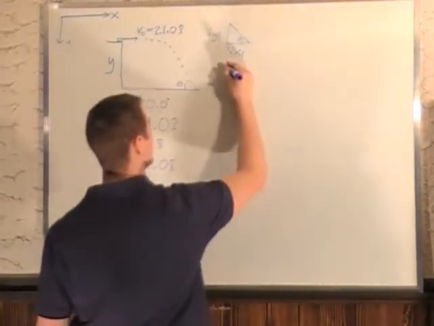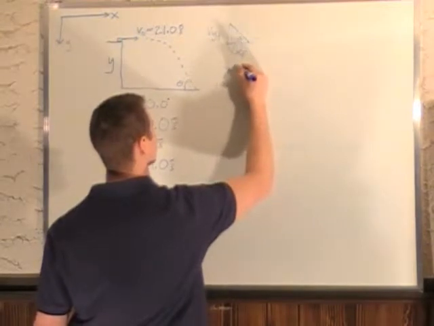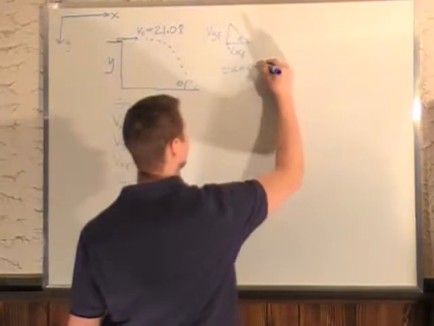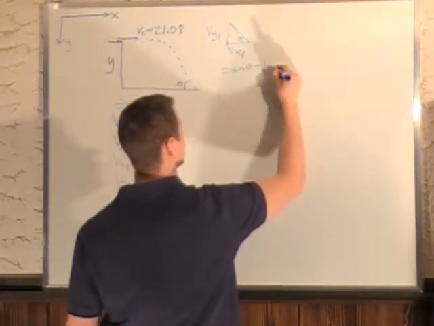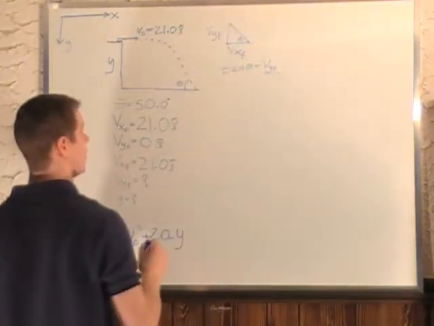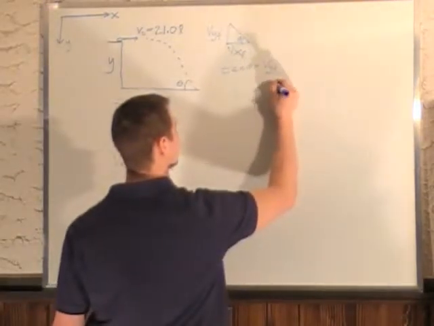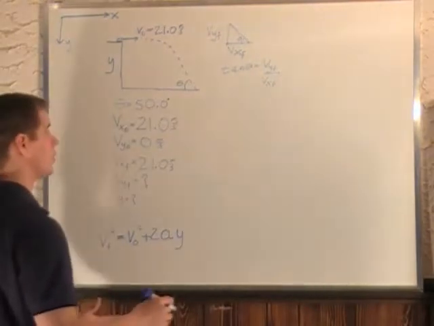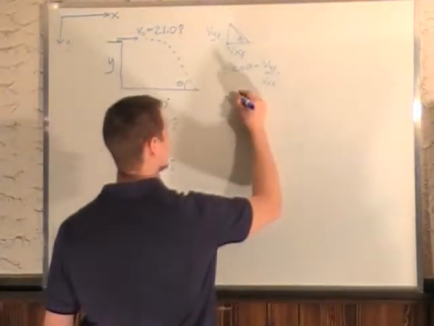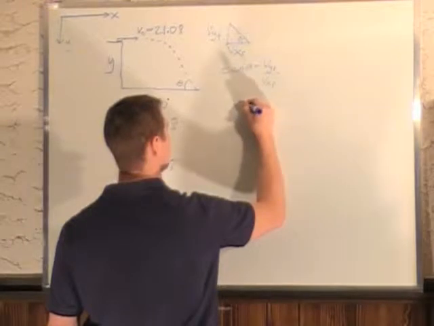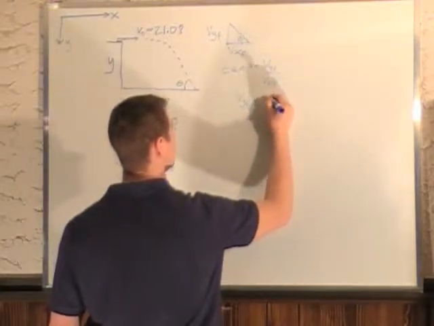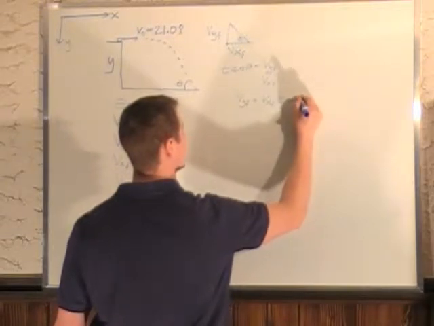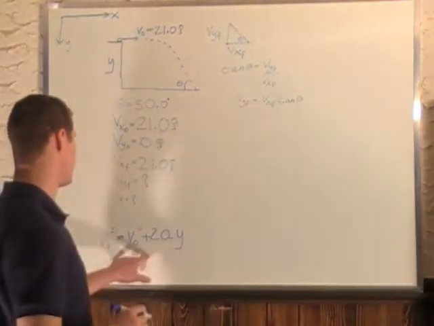We can say tan theta, so opposite over adjacent, so that's Vy final over Vx final. We know theta, we know Vx final. We could solve this for an answer right now to get actual numbers, but I'm just going to say Vy final equals Vx final tan theta. And what we're going to do is plug that in this formula.